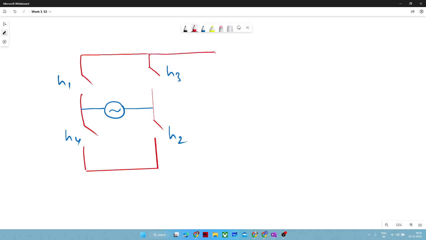Now this rectifier is connected to some load, Vs. Let me clarify the operation of switches in this kind of circuit.